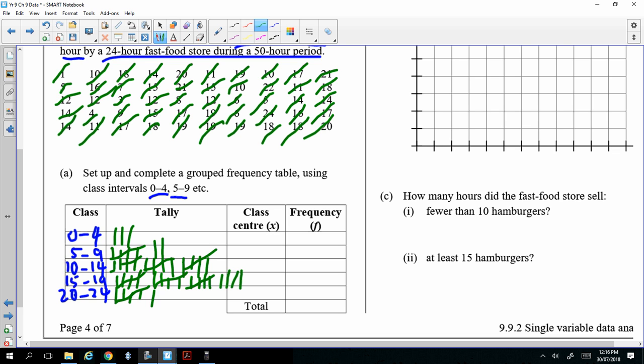Good, okay. So you can write down the frequency. So there's 3 tally, 7, and 15, 19, and 6. And they should add up to 50 because there are 50. So you must have got it wrong. 50. 50.